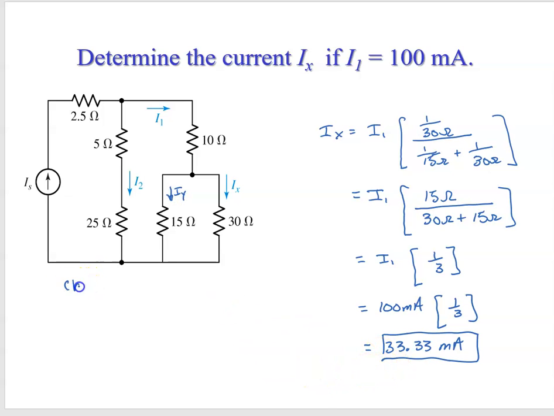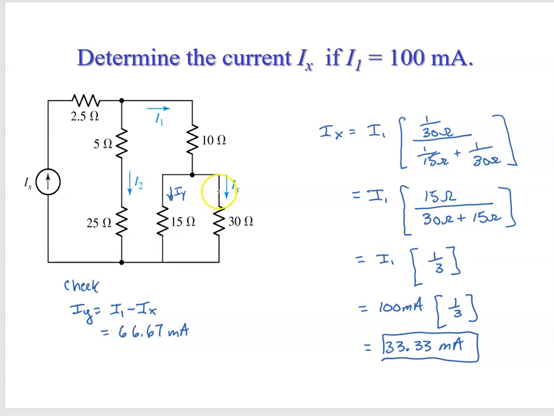So that of course means that for IY, we can do our check. IY must equal, by KCL, IY flowing out must equal I1 flowing in minus IX flowing out, which must equal 66.67 milliamps.